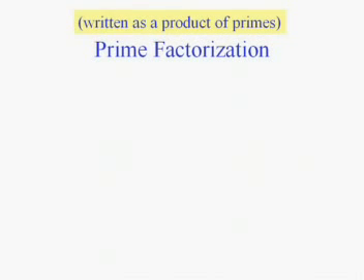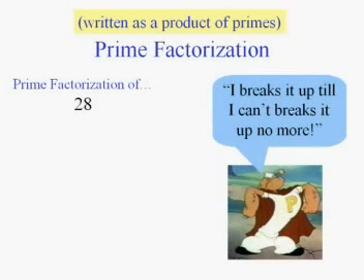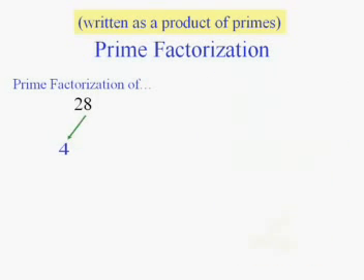Now consider the prime factorization of a composite number. In other words, break a number up until it can't be broken up anymore into all of its prime factors. The prime factorization of 28: I'm going to break it up into 4 and 7.